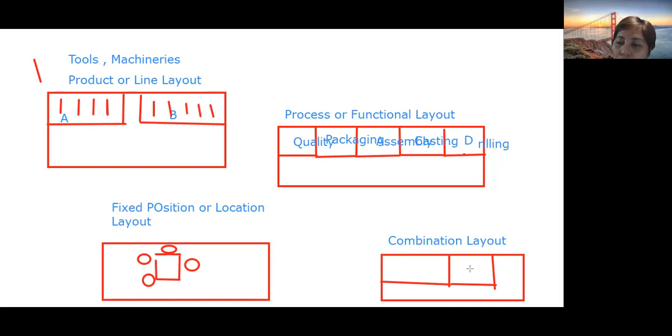Then for some part of their clientele or customers who have a demand for a particular product, the process or functional layout will be done. Then here comes the fixed position. So these are the different plant layouts.